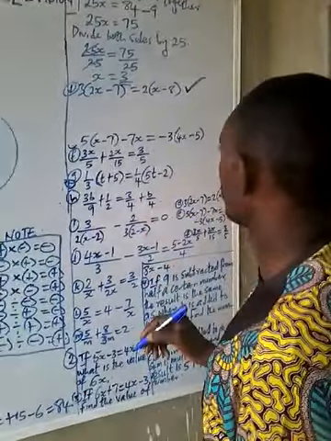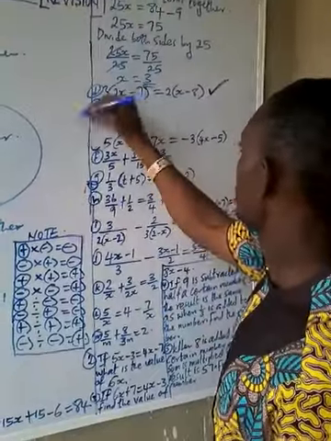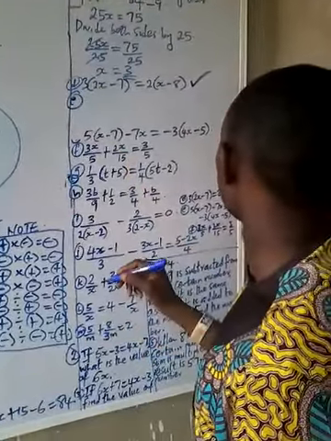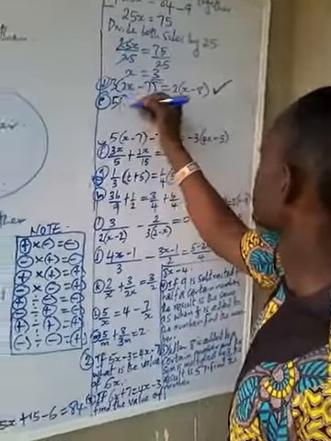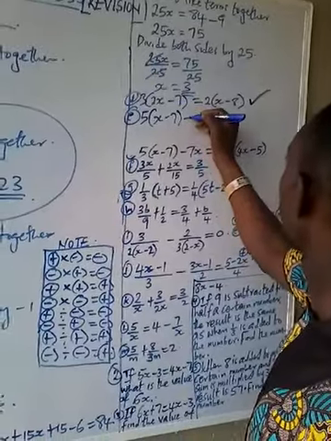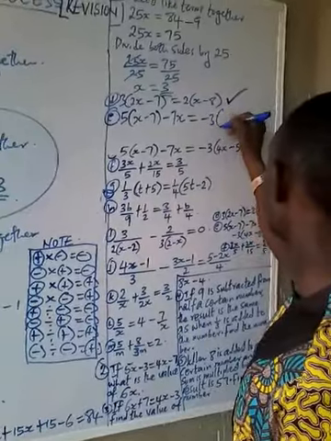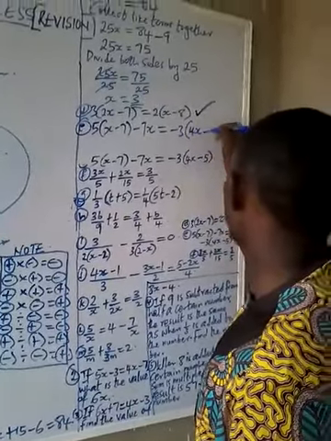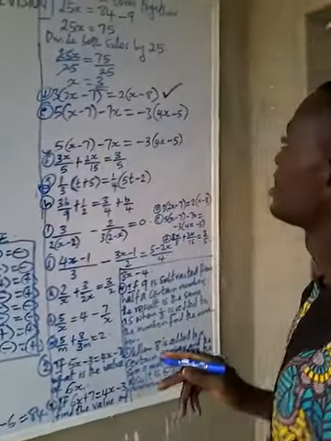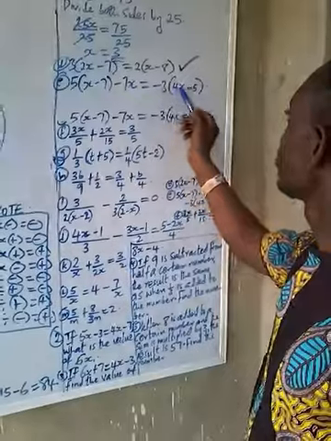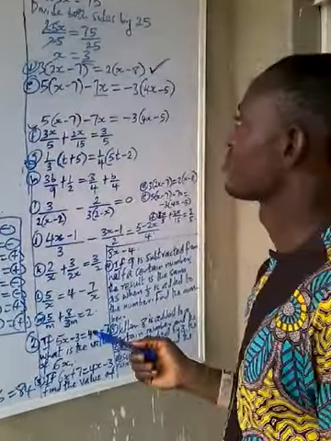Now I'll go to question E. It takes the form of 5 into bracket x minus 7, minus 7x is equal to minus 3 open bracket 4x minus 5 close the bracket. Now how do you solve this? Just open the bracket. What makes this different is that there is a minus 7x at the back of the bracket.